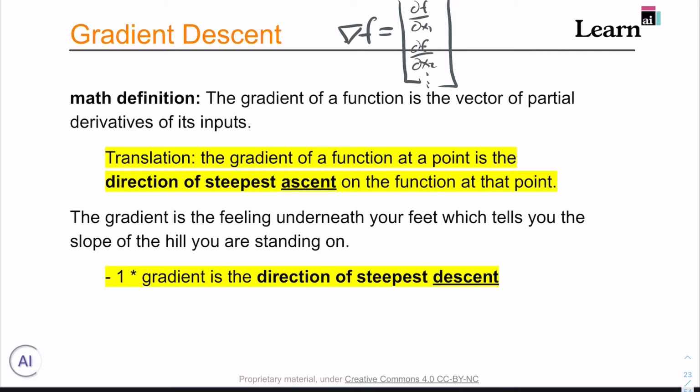That's not important for understanding what gradient descent is. What is important is understanding that the gradient of a function at a certain point is the direction of steepest ascent on the function at that point.